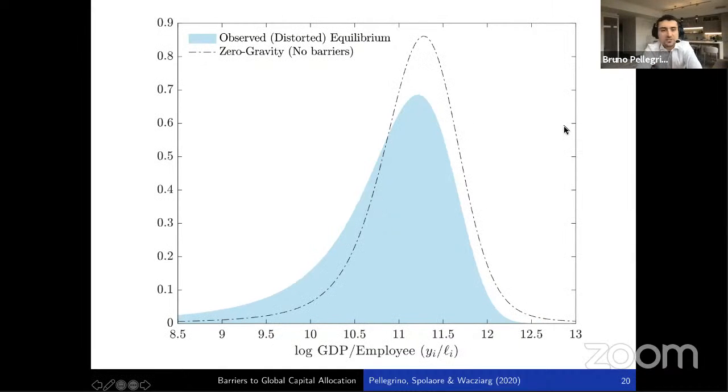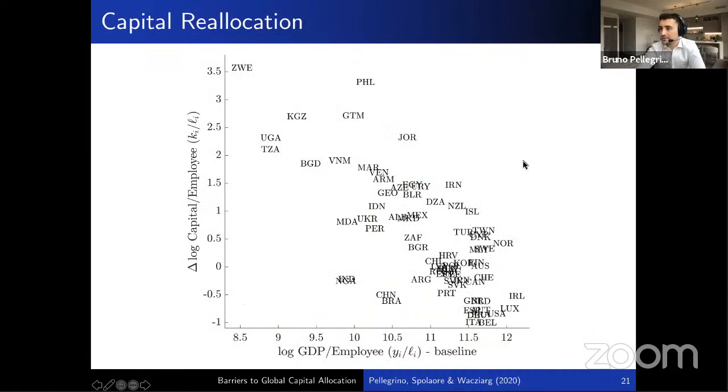And we observe a similar effect in terms of GDP per employee. So again, shift to the right and a drastic reduction in dispersion. Now, why does this happen? The reason this happens is that when we look at which countries get reallocated more capital and which countries lose capital when we remove these barriers, we find that the countries that gain capital tend to be countries that start from a low level of capital per employee and a very low level of GDP per employee.